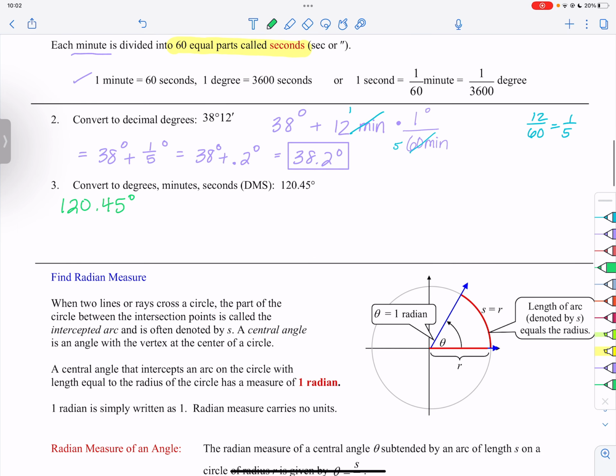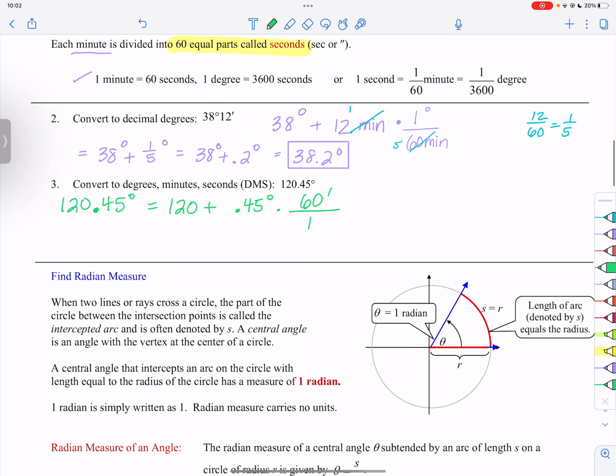Now, let's convert this 0.45 degrees, and we will have 120 plus 0.45 degrees, and we will multiply that by 60 minutes divided by 1 degree. So there are 60 minutes in 1 degree.